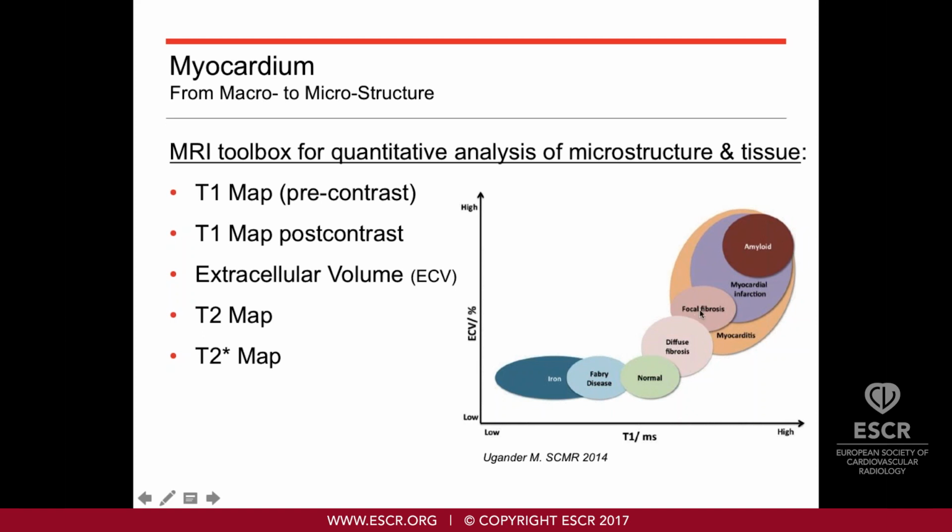A different situation we have here is the fibroblast activation pathway. So we have normal myocardium, and then fibroblasts are activated. This would be a typical scenario, for example, in chemotherapy.